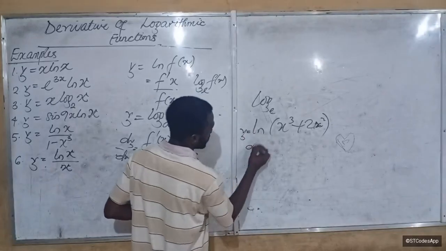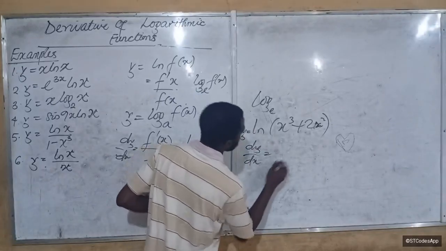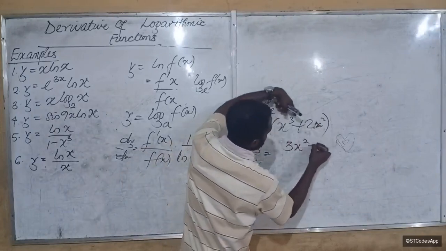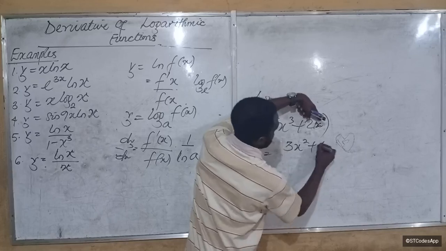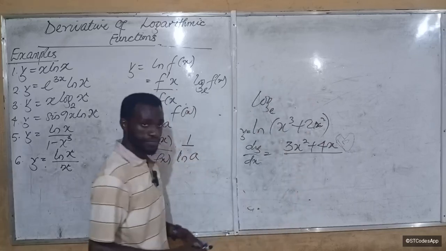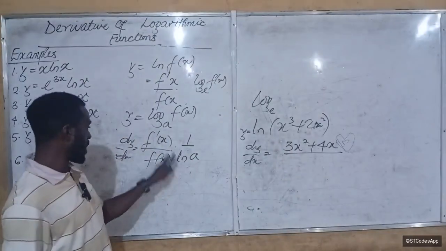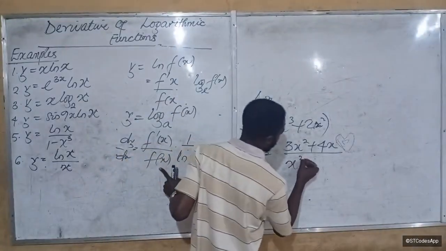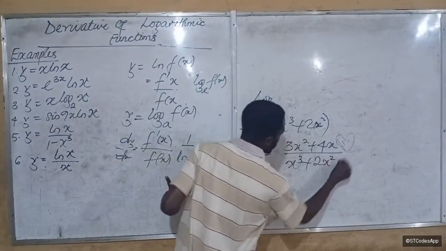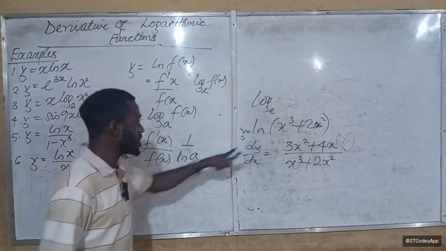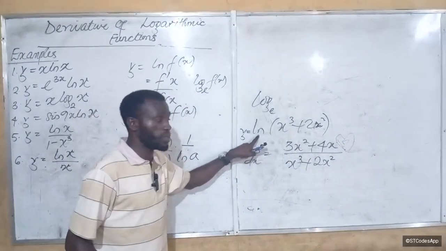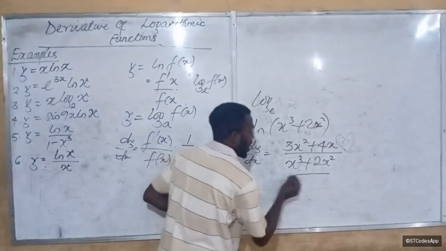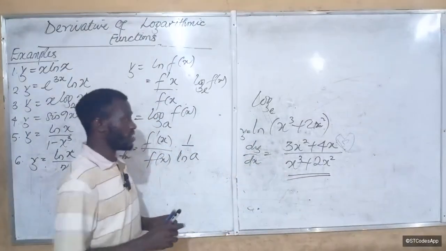If y is this, then dy dx will be equal to the derivative of this, that is 3x squared plus 4x, over the function itself, x cubed plus 2x squared, then multiplied by 1 over ln of the base, which is e. So ln e will be 1, and this will be our answer. Is it clear for this question?